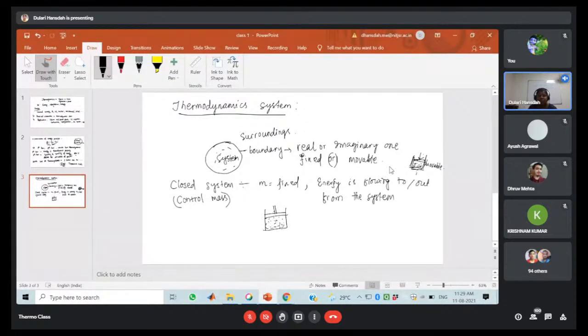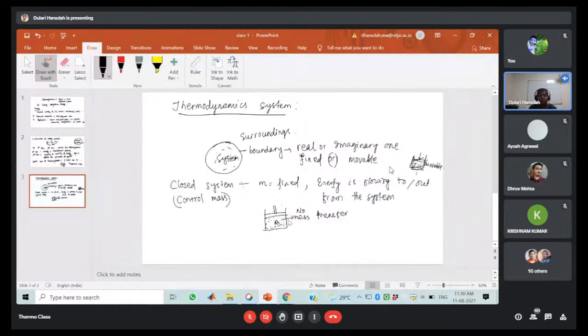Suppose it is your gas. In this case, the quantity of mass, m, is fixed. This mass will never flow out from the system. That means there is no mass transfer.